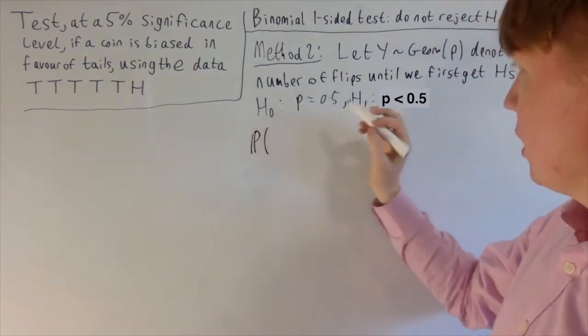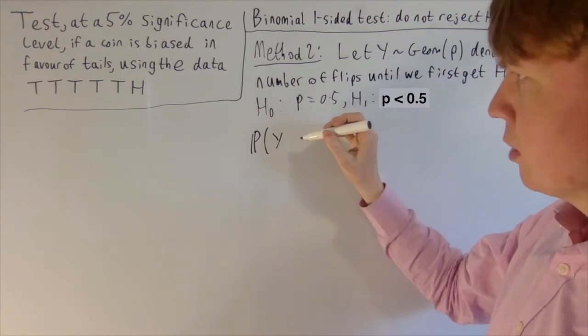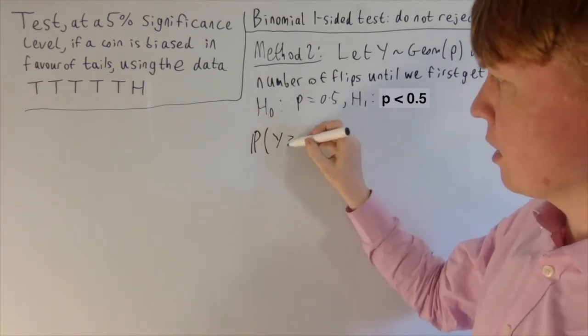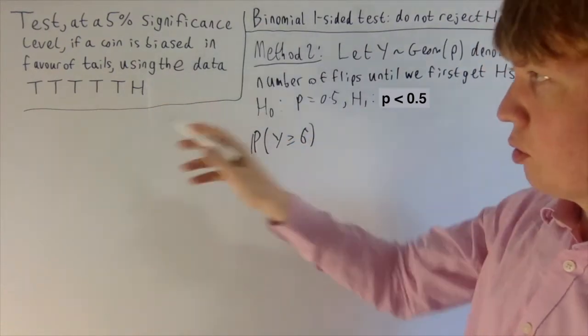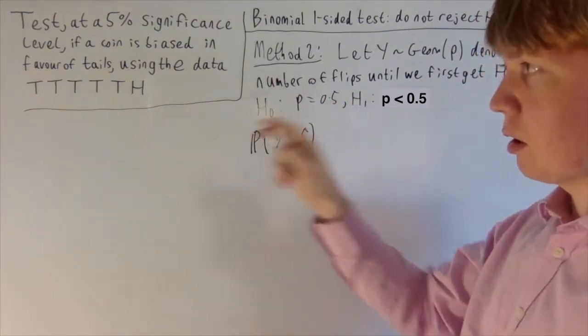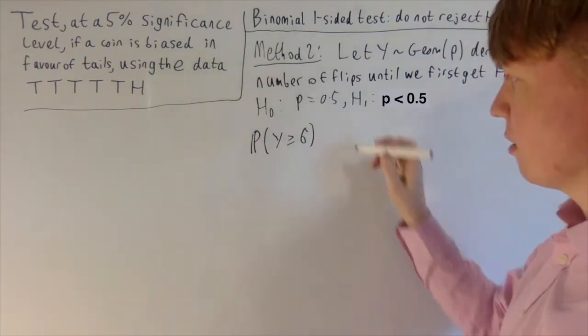The probability of getting our data or something more extreme, we write slightly differently now, because we're saying the probability of it taking 6 flips or more, since taking even longer to get your first heads would be more extreme in favour of the coin being biased towards tails.